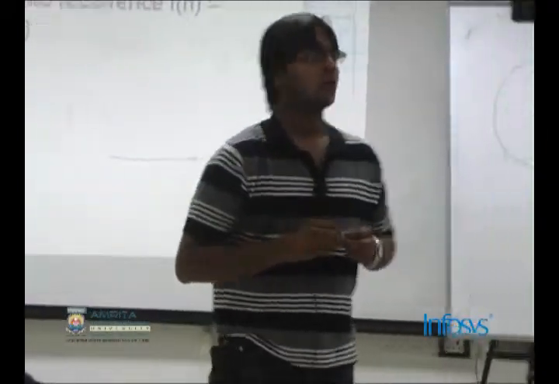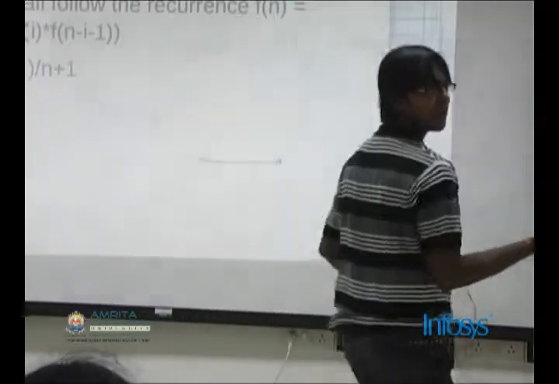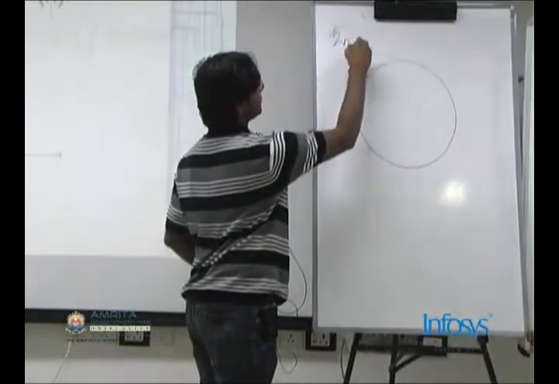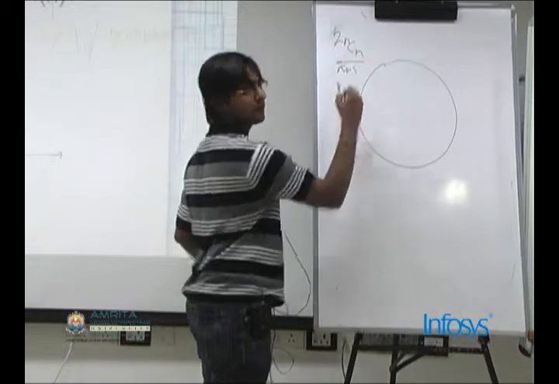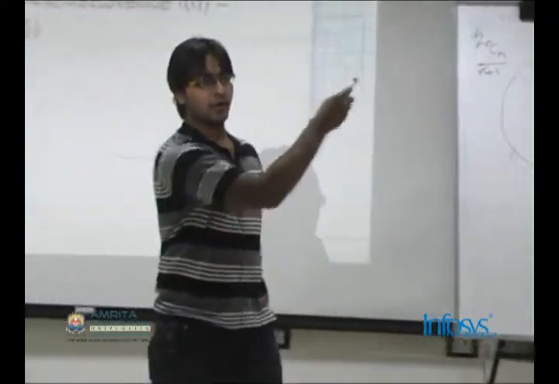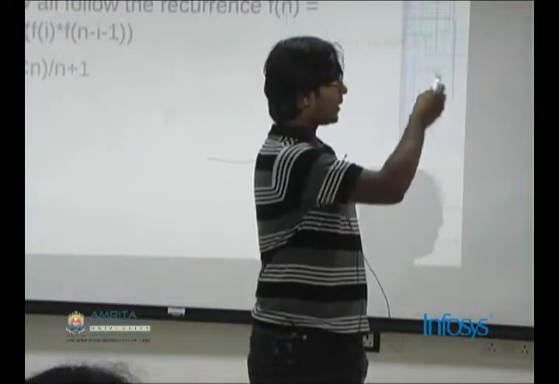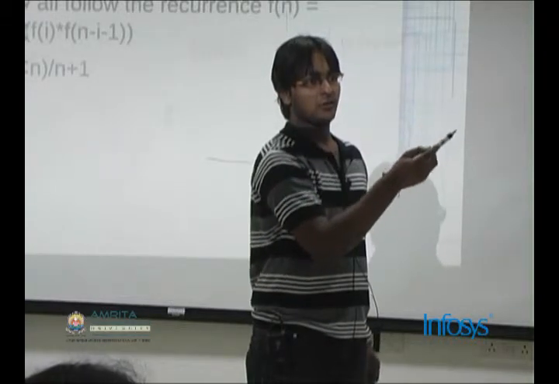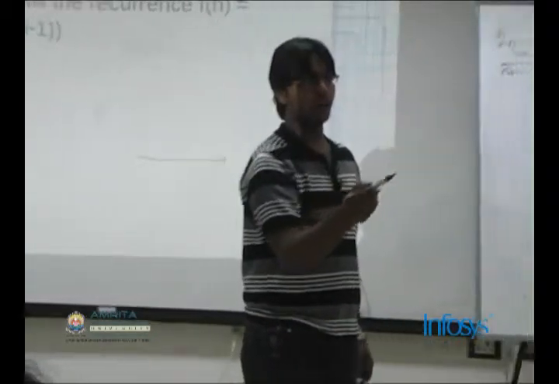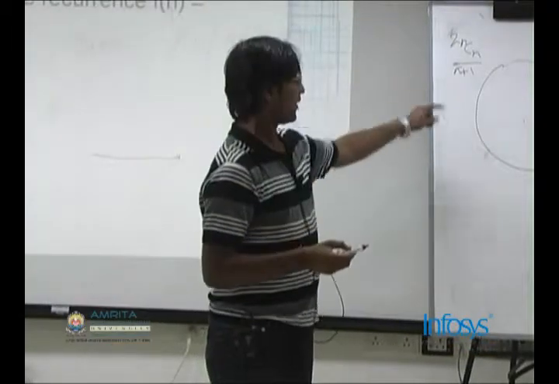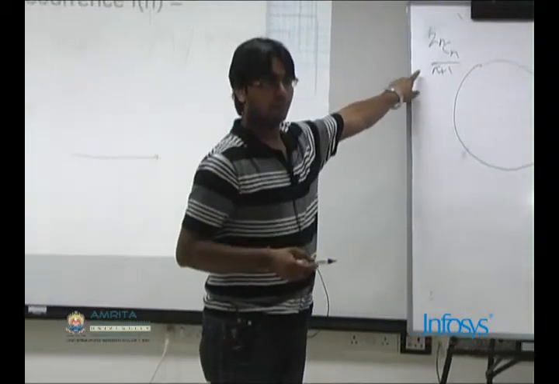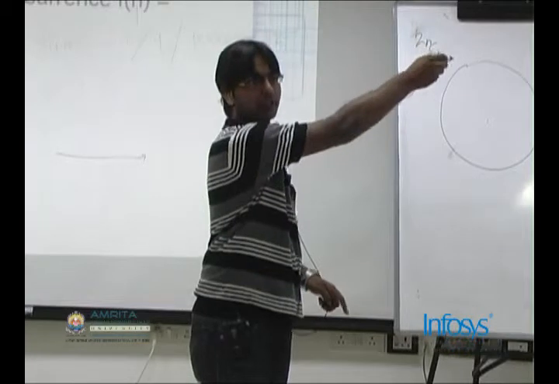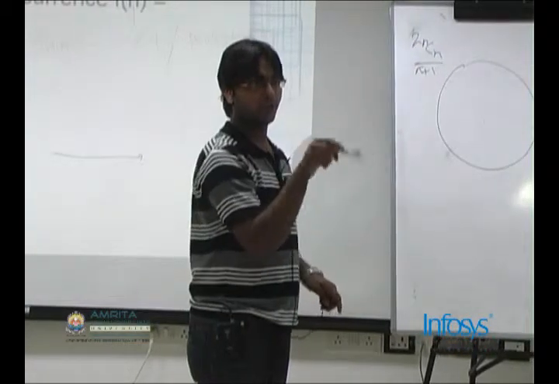The Catalan number is just a number, 2nCn upon n plus 1. If you try to solve this recurrence, you will end up with this number. Like even nCr, you have a recurrence for nCr. Likewise, for this number the recurrence is the summation I just described.